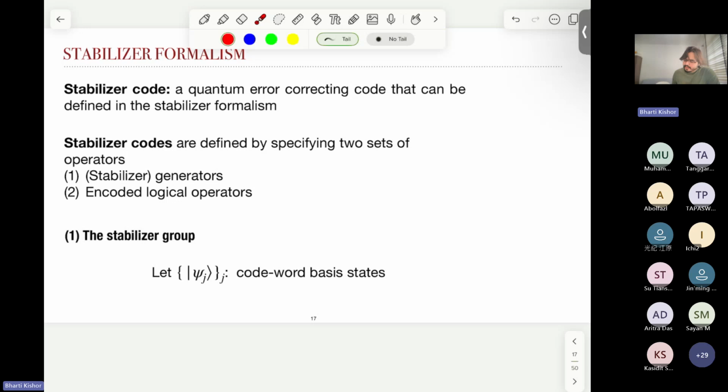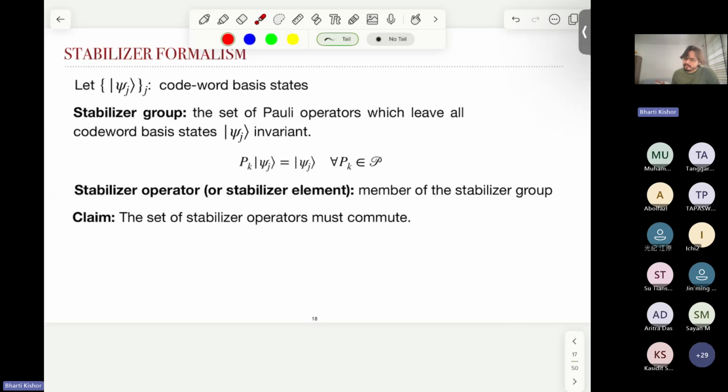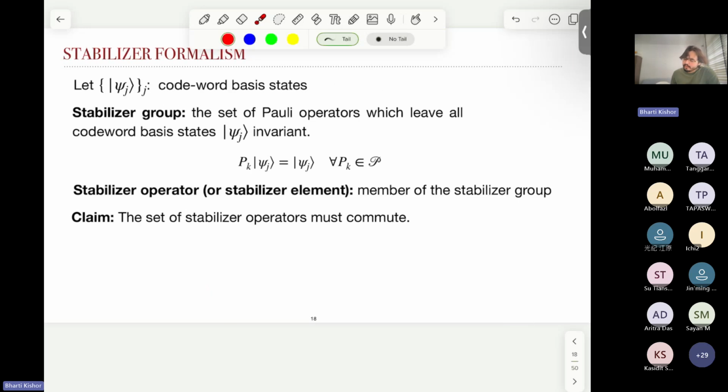Let S be a bunch of codeword basis states. The set of Pauli operators which leave all codeword basis states in S invariant, we call a stabilizer group.